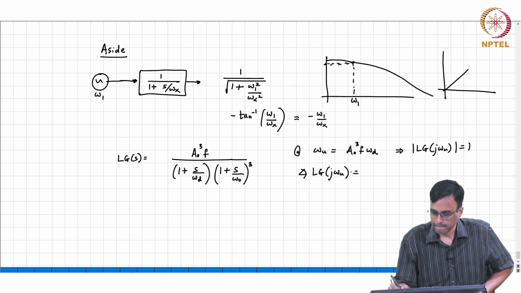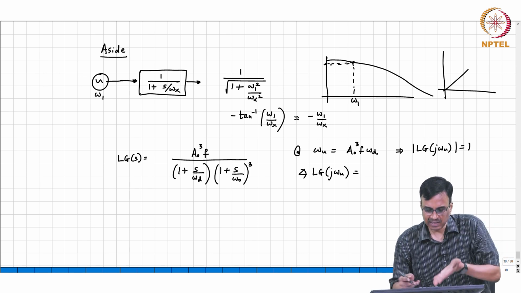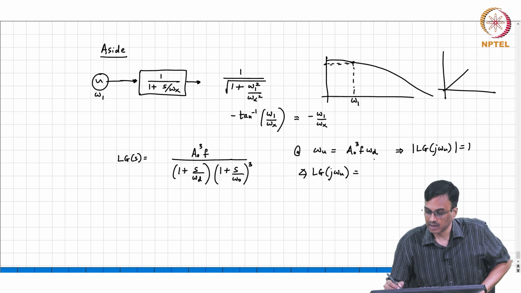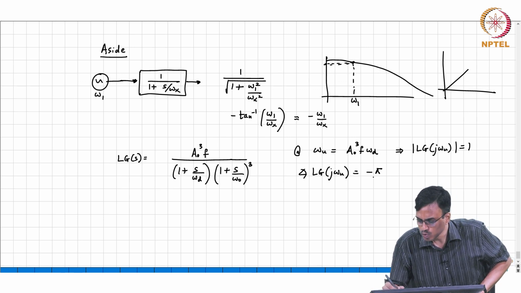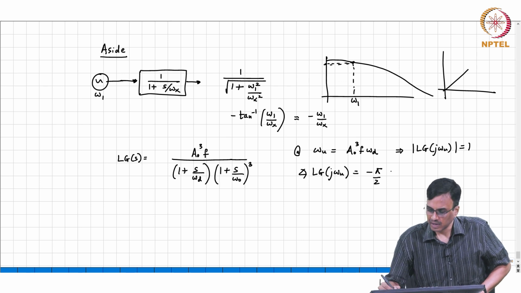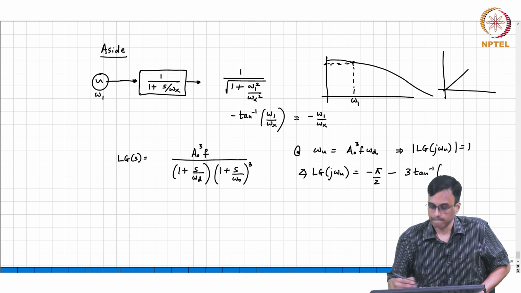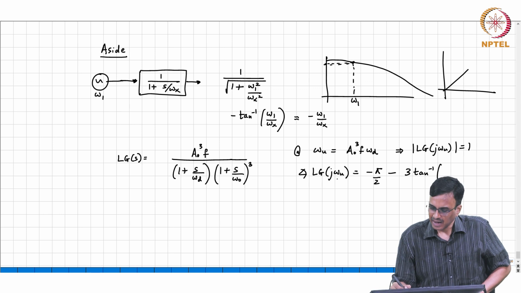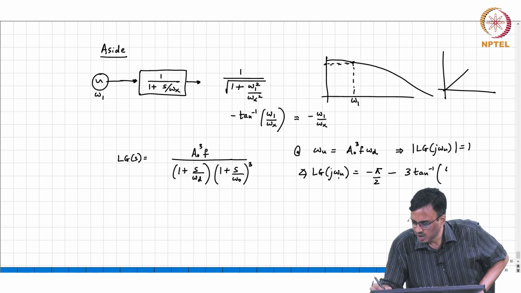The angle of the loop gain function is what? You know everything, just plug it in and tell me what it is. Minus pi by 2 minus 3 tan inverse of omega u over omega naught. We have already called that omega u.